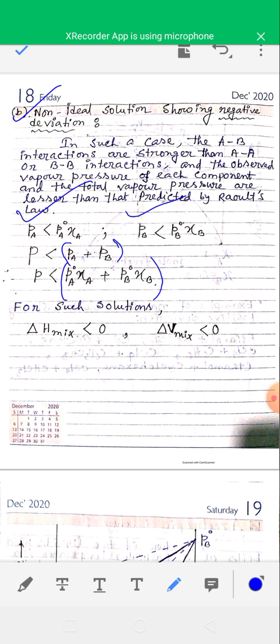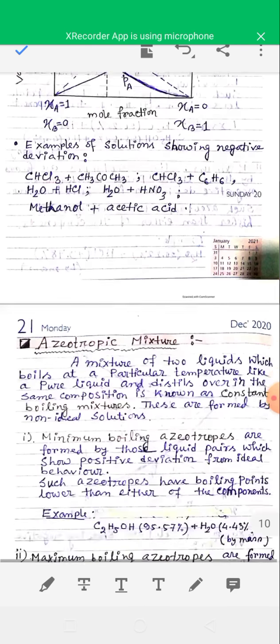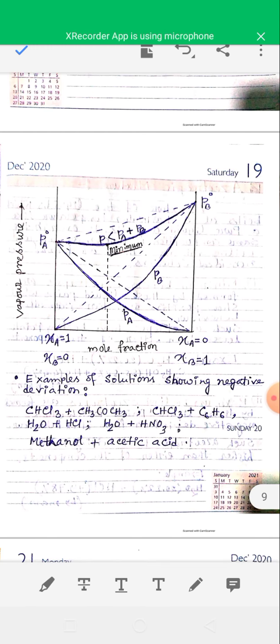And for such non-ideal solutions showing negative deviation, delta H mixing is less than 0, delta V mixing is less than 0. And this diagram shows the variation of vapor pressure with mole fraction for a non-ideal solution.